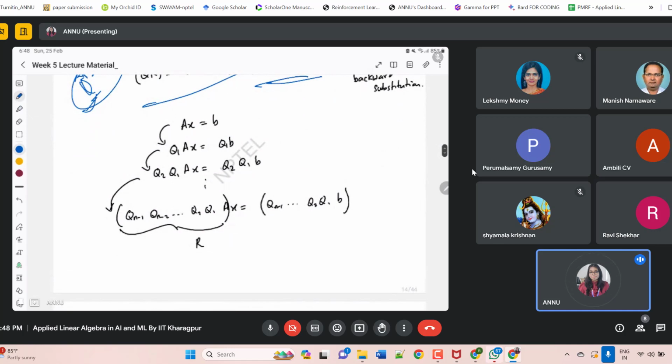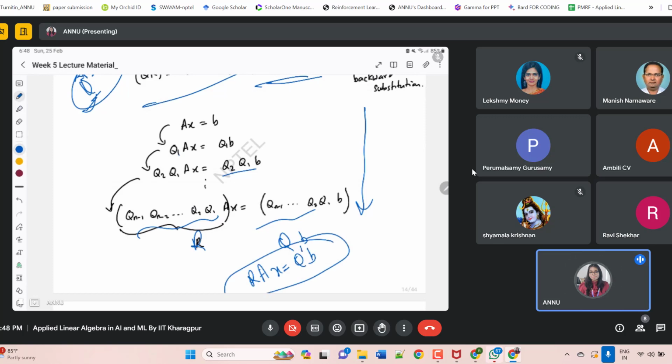Okay, so this is the process that we followed. First, we multiply Q1 with A, then Q2 with A, and we get this. This is particularly R, and this is Q. So RX equals Q transpose B. Q transpose is also an orthogonal matrix.